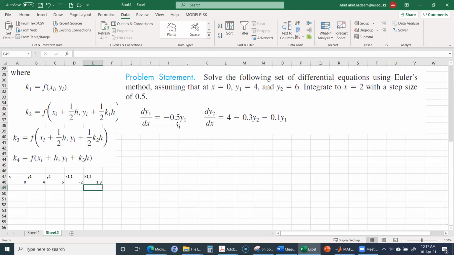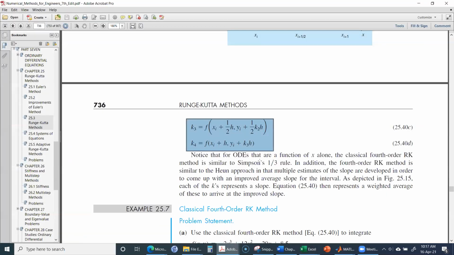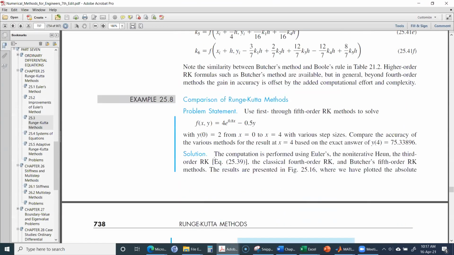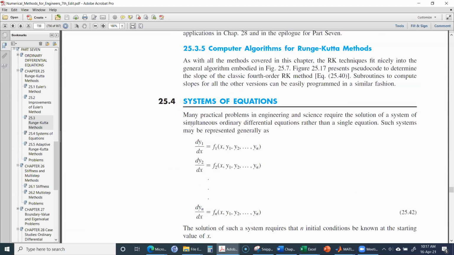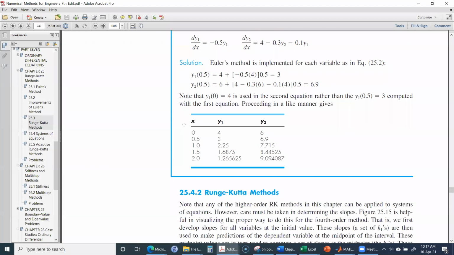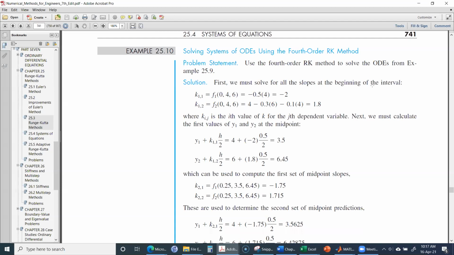So we will get minus 2 and 1.8, which is the same as over here. Yeah, minus 2 and 1.8.